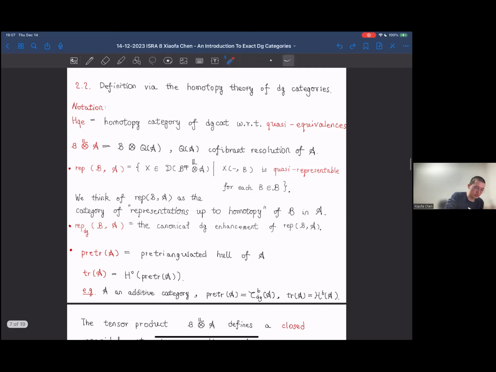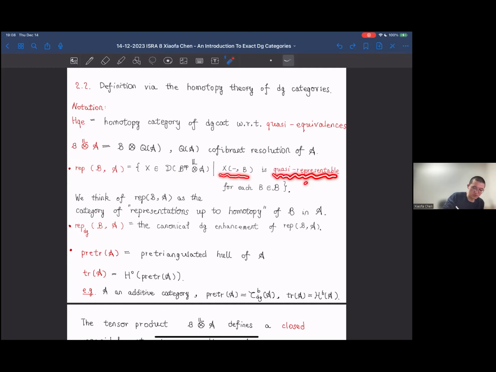And for a pair of DG categories, we denote by rep from B to A the full subcategory of BA bimodules. So it's a left B module, right A module, such that when we restrict to each object B in the DG category B, we get a DG A module, and we ask that this DG A module is quasi-representable.